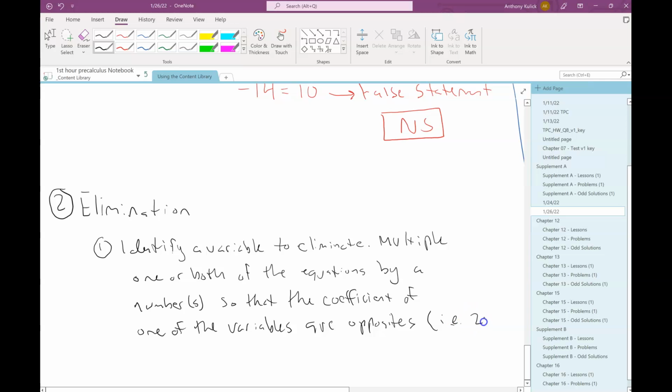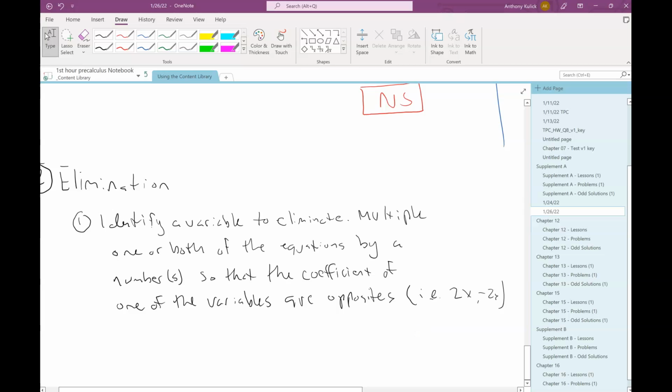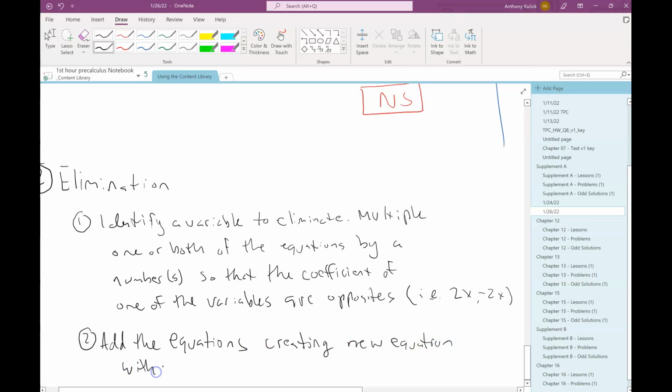So we're looking for something like one of them's 2x and the other's negative 2x or whatever. That's what you're trying to create. Then we're going to add the two equations, creating a new equation with only one variable.